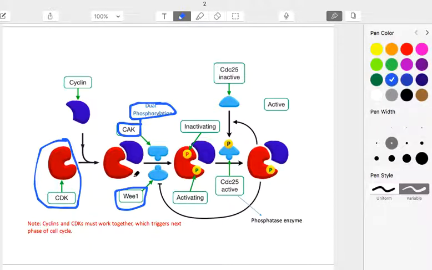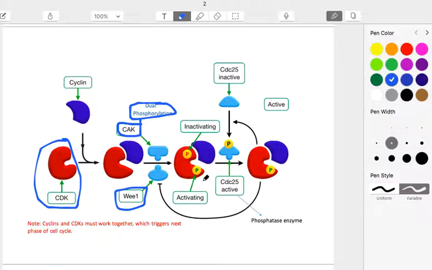Remember here, you have a cyclin, and you phosphorylate through CAK and V1, which is called dual phosphorylation. Remember, as long as V1 phosphorylation is present here, this CDK is not active.